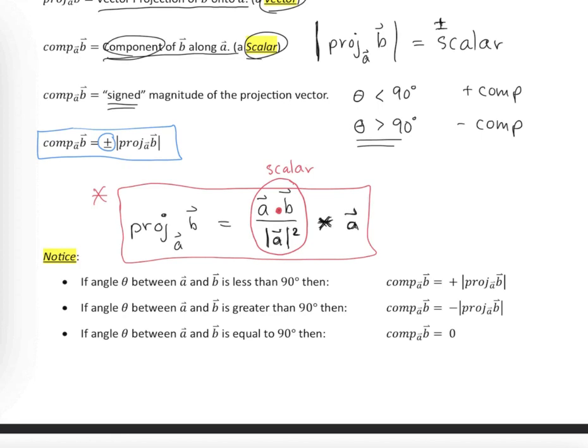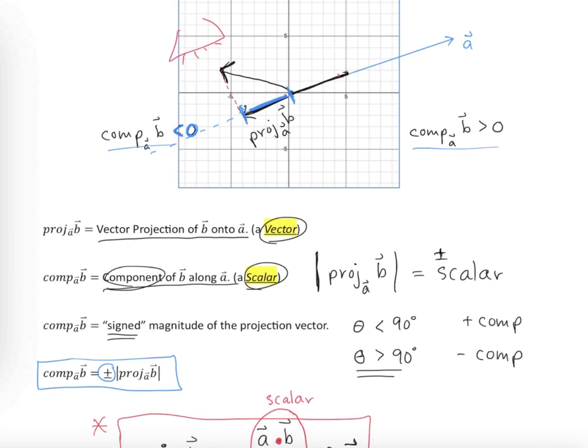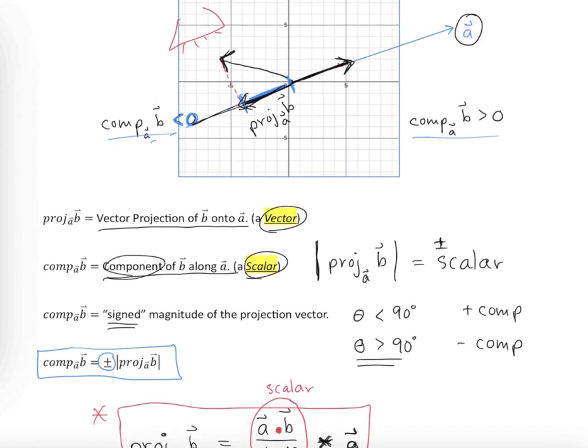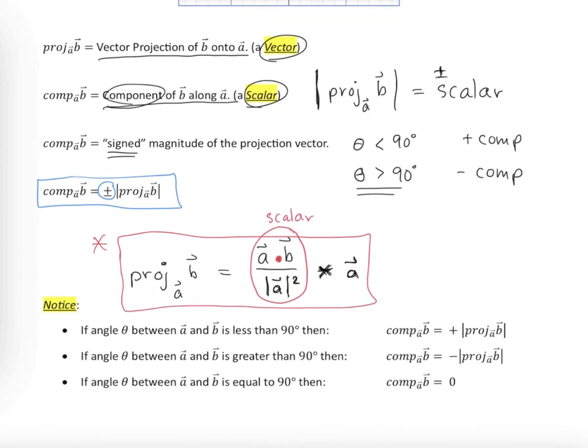So all of this together is a terrible looking scalar quantity that I will then stretch out my vector A by. So that makes sense that the projection is going to either be adjusting the size of A in the same direction of A, or perhaps flipping it over in the opposite direction and stretching it or shrinking it. But it's in basically the same direction as A. It's going to be parallel to A, either in the same direction or in the opposite direction. So it makes sense that it would be some scalar multiple of our A vector.